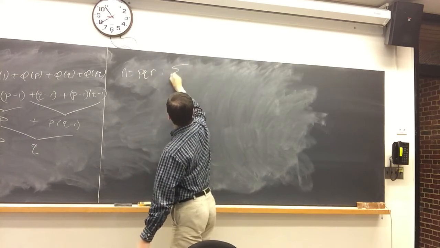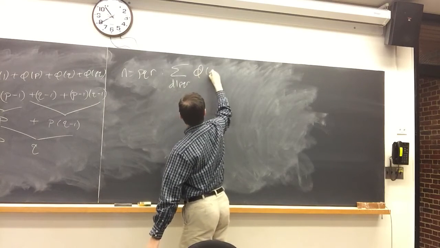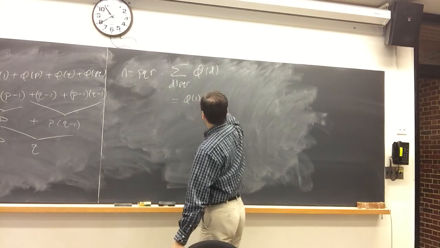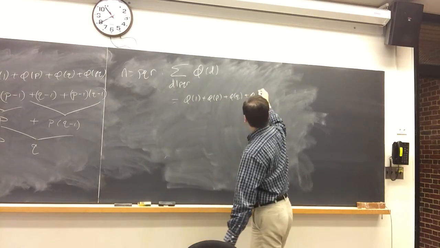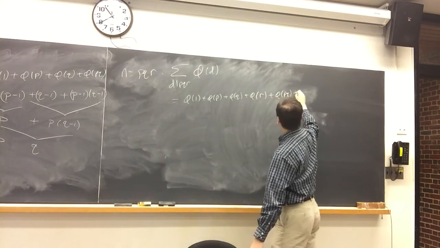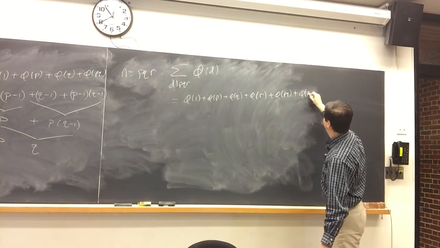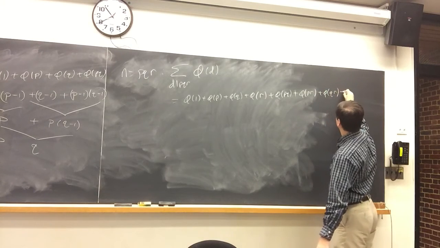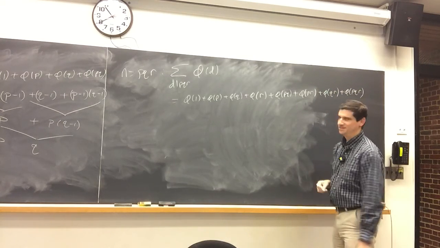So we now want the sum over D dividing PQR of phi of D. So this is going to be phi of 1 plus phi of P plus phi of Q plus phi of R plus phi of PQ, plus phi of PR plus phi of QR plus phi of PQR.